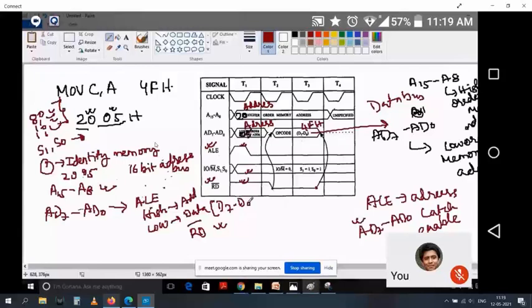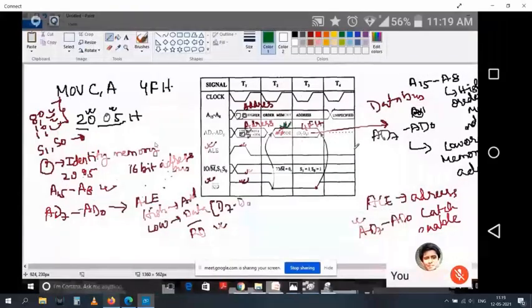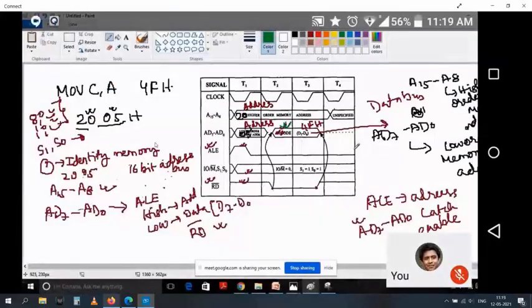So address latch enable helps me understand whether the low order AD7 to AD0 is an address bus or a data bus. These are multiplexed, sometimes address, sometimes data. We have to do this because there are only 40 pins, and whatever operation we want to do, we have to do it in those 40 pins only.